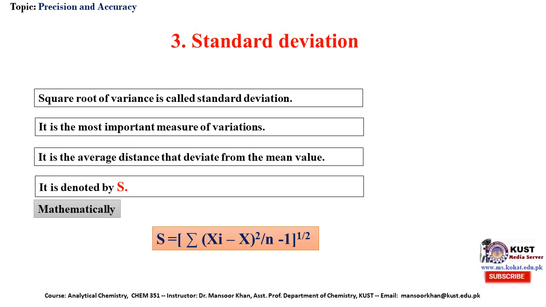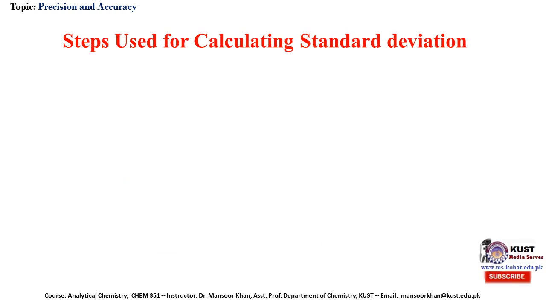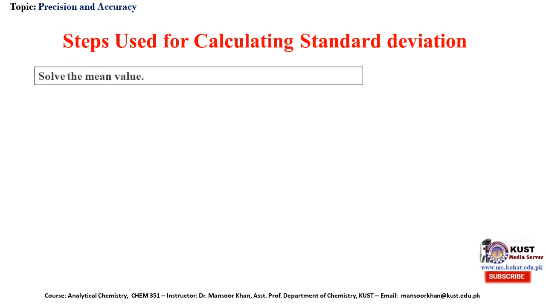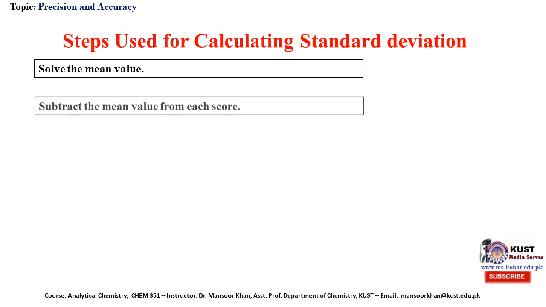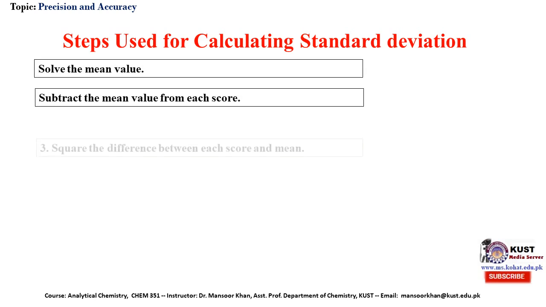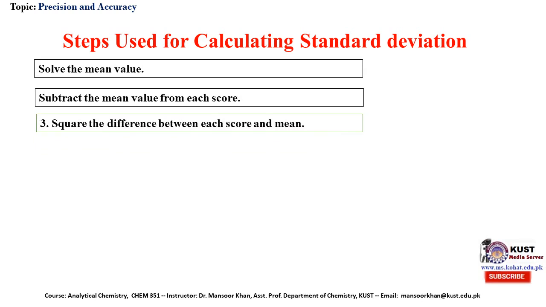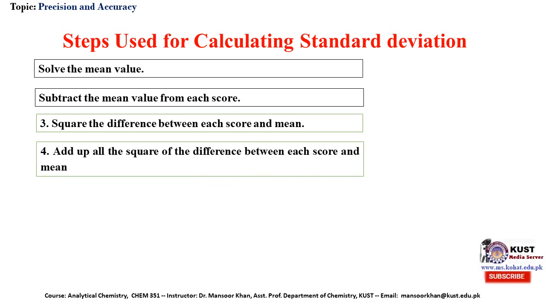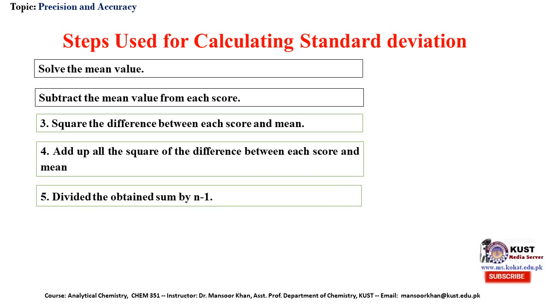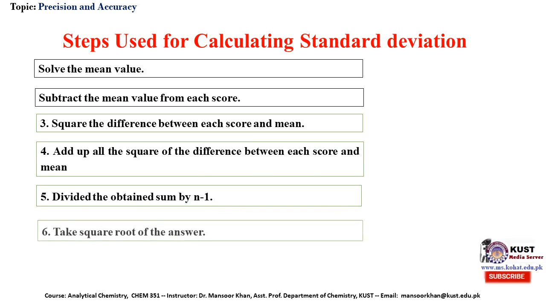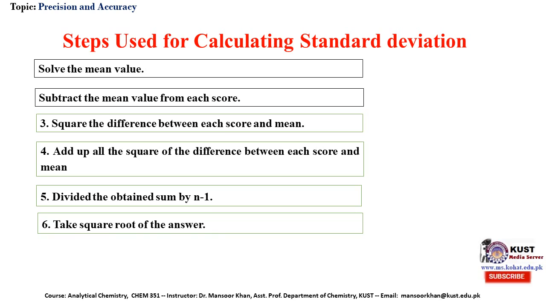Steps for calculating standard deviation: find the mean value, subtract the mean value from each score, square the difference between each score and the mean, add up all the squares of the differences, divide the obtained sum by n minus 1, and the last step is to take the square root of the answer.